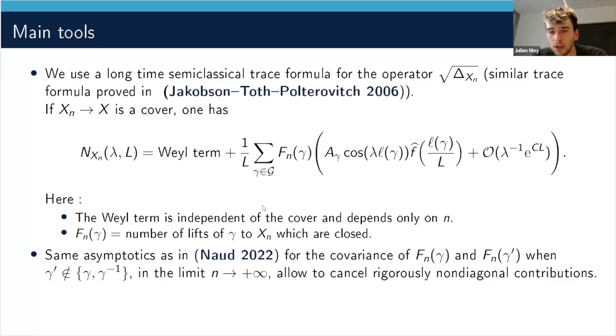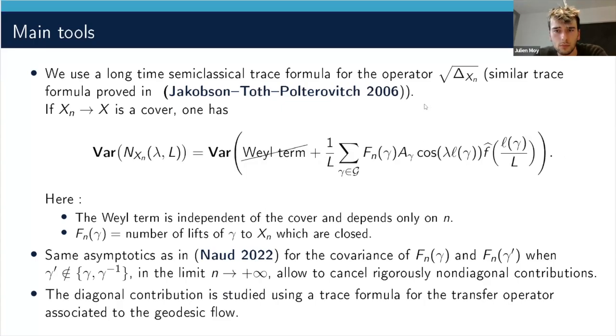And this is what allows performing rigorously a kind of diagonal approximation. Here, the non-diagonal terms are killed by computing the variance of the cover. And of course, I didn't mention it, but the Weyl term is independent of the cover. It only depends on n. So when we compute the variance of the counting function, this Weyl term will just disappear.